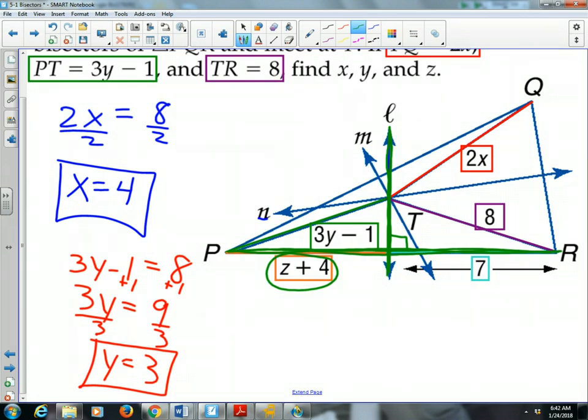So that means that P to this point is congruent from R to this same point. So z plus 4 is a congruent length to 7. z plus 4 equals 7. So subtract 4 from both sides, z equals 3.